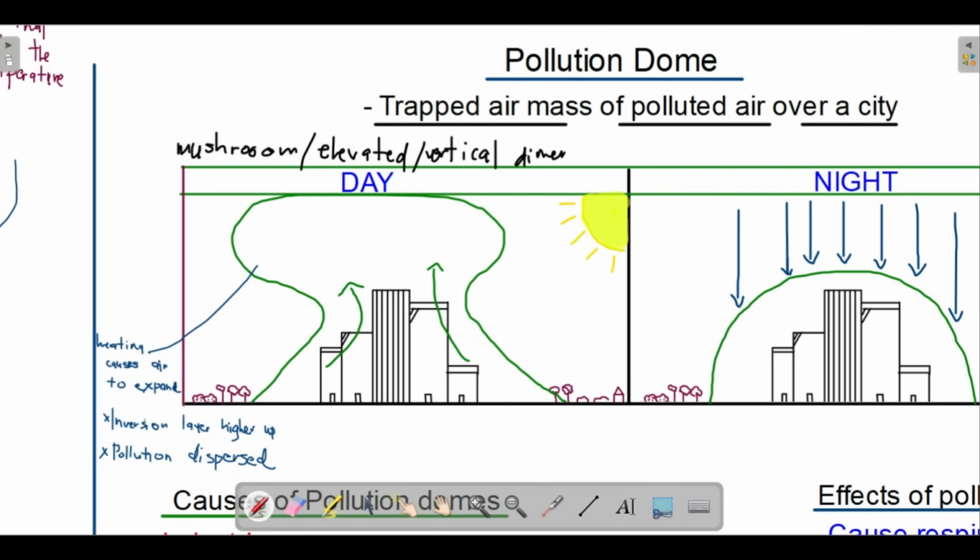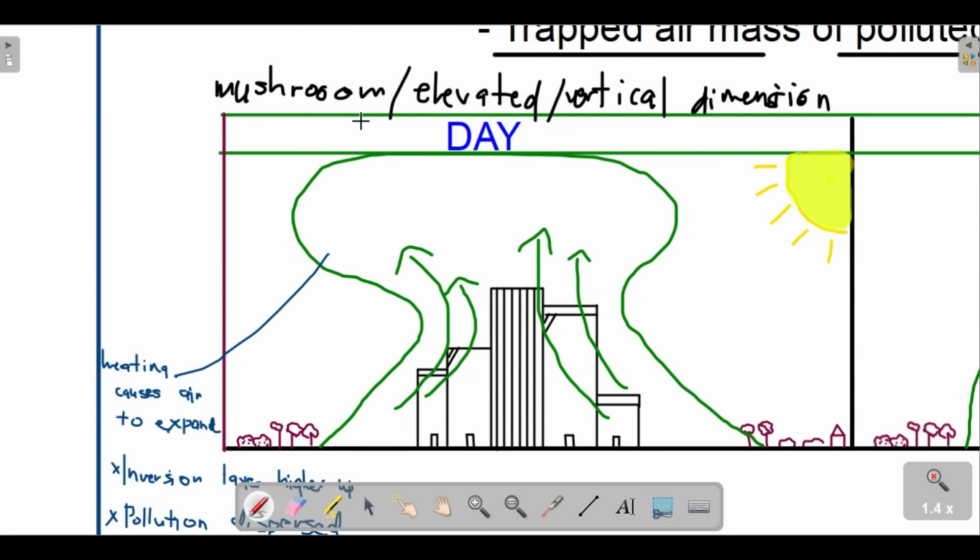Okay, so it is much more higher up. It is much more expanded. And the reason is because, remember, during the day, it is hot, right? And so warm air, what does warm air tend to do? Warm air tends to rise up. Okay, so it expands this polluted air mass that we found over a city, such that you're going to find out there is colder air that is in the upper atmosphere.